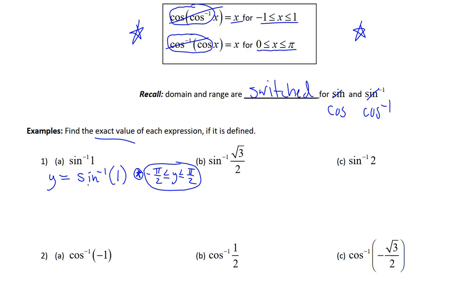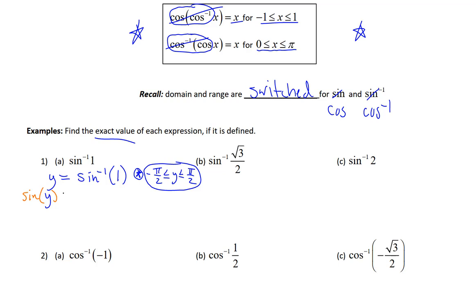Well, what is y? I don't know. It's whatever the sine inverse of 1 is. Well, for convenience, we're going to apply some algebra. I'm going to take the sine of both sides of our function. So I'm going to take the sine of the left side of our function, which was just the y.